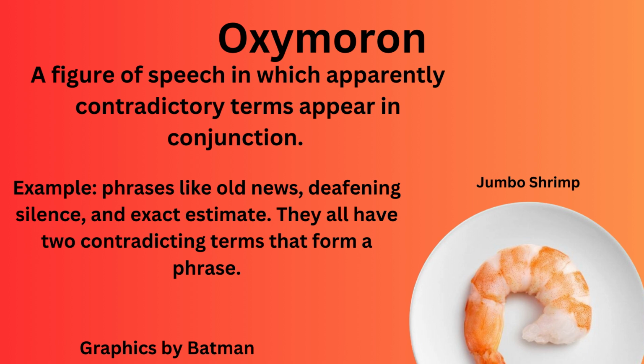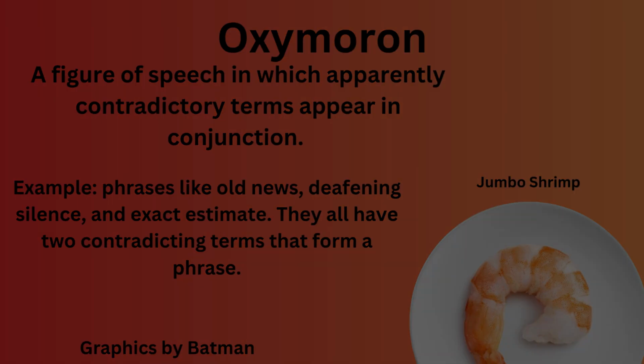Deafening and silence, exact and estimate. Exact is something that's clear and crystal, while an estimate is something more guessed and not as concrete. An example I have is jumbo shrimp. That's a pretty good oxymoron.